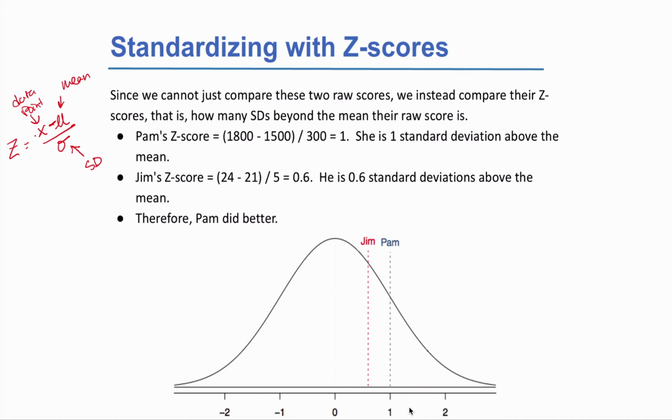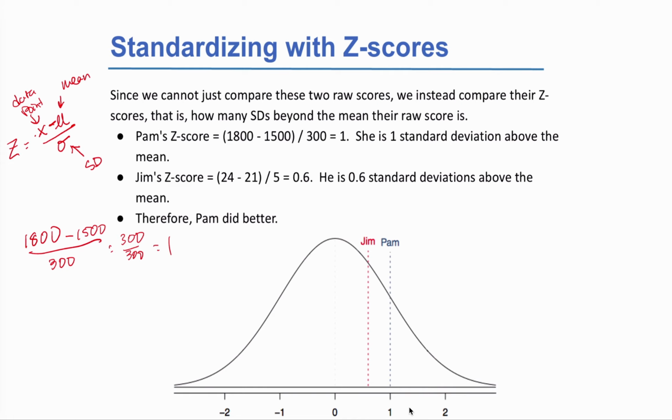So Pam's z-score: the x would be 1800, the mean of the SAT distribution was 1500, and the standard deviation was 300. So that ends up being 300 over 300, which is 1. She's 1 standard deviation above the mean.